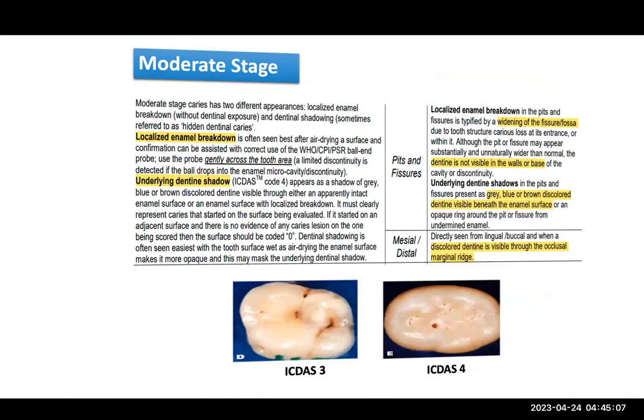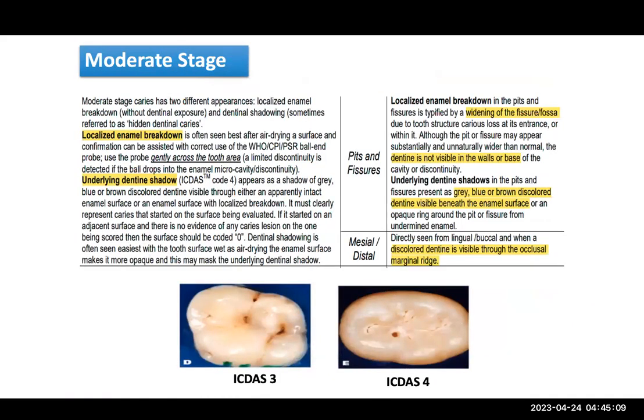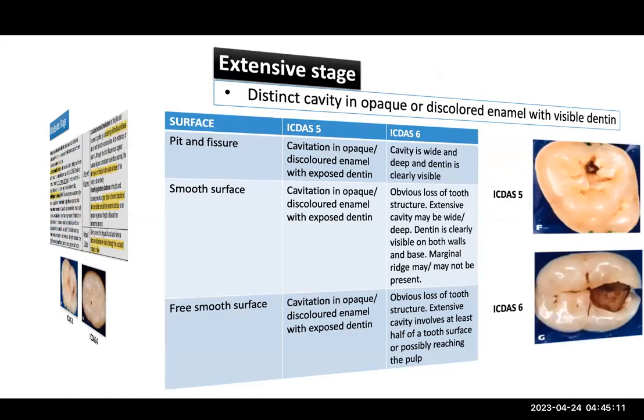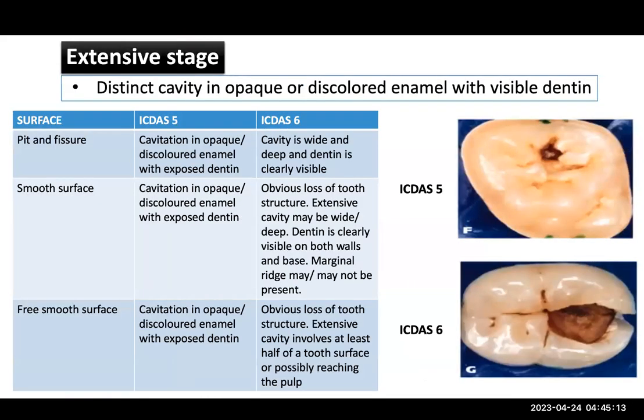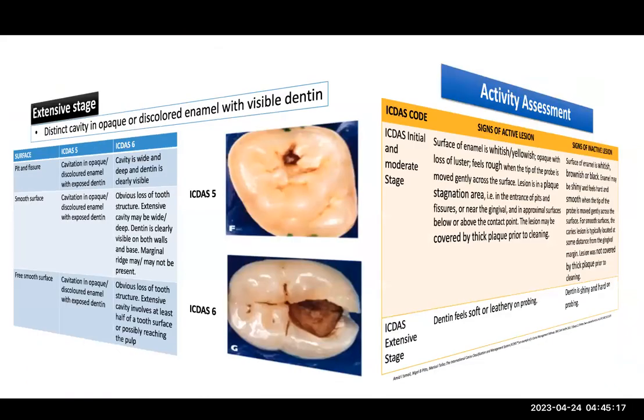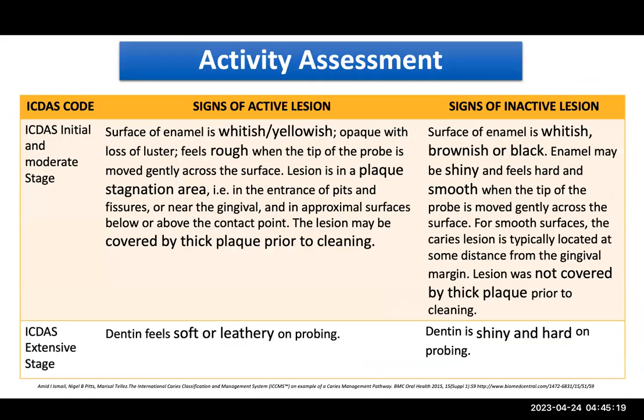Then the moderate stage is ICDAS 3 and 4. And in the extensive stage, we have ICDAS 5 and 6. You all know about this classification, so I have not repeated this. But the activity assessment is very important, that is, what are the signs of an active lesion. So please do not record only in your OPD card what the lesion is or what extent of the lesion it is.